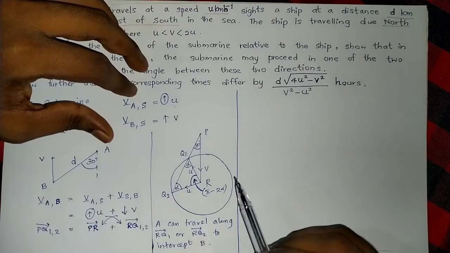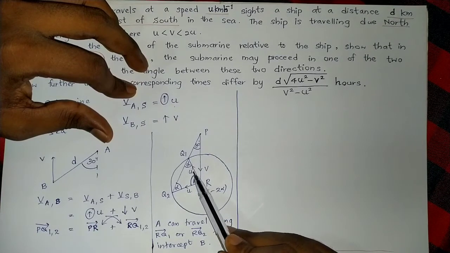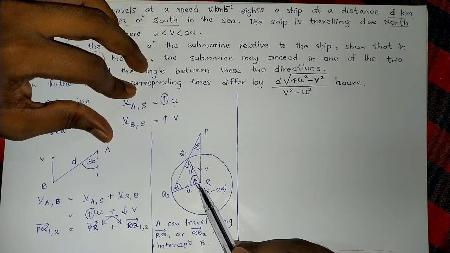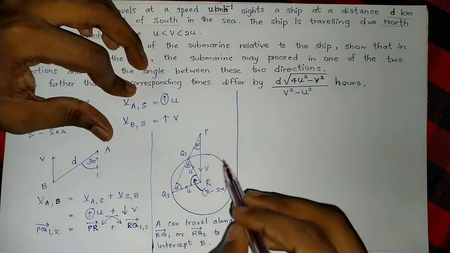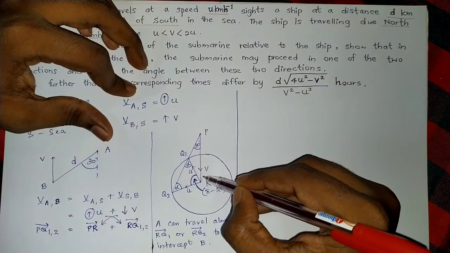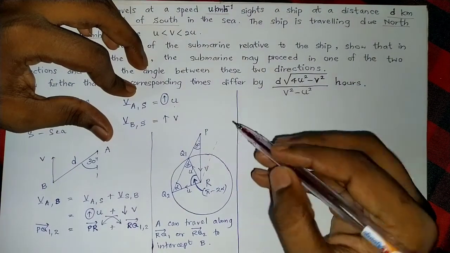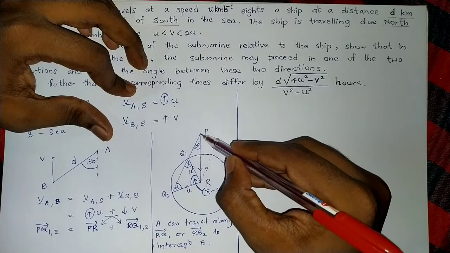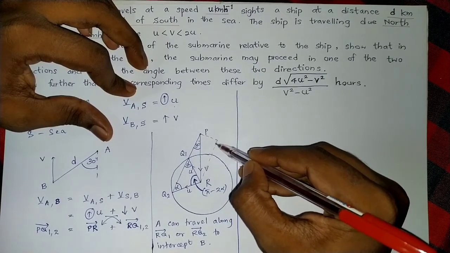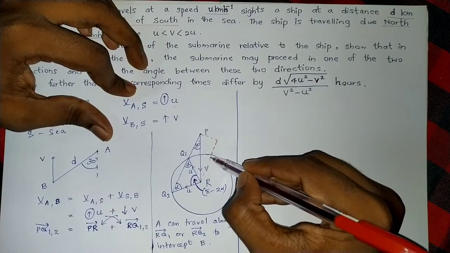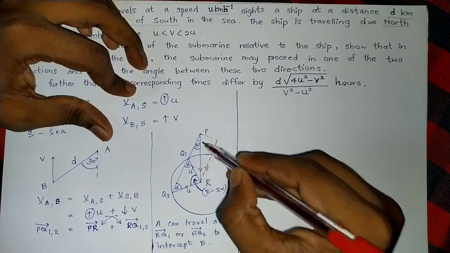For that, I can resolve this vector in this direction. If I complete a right angle triangle like this, it is an imaginary triangle.